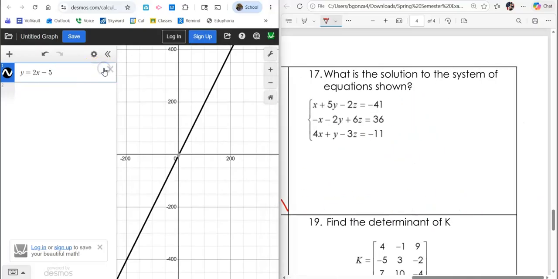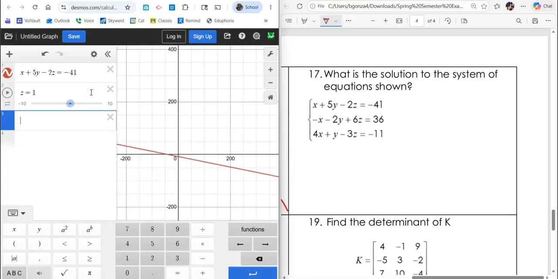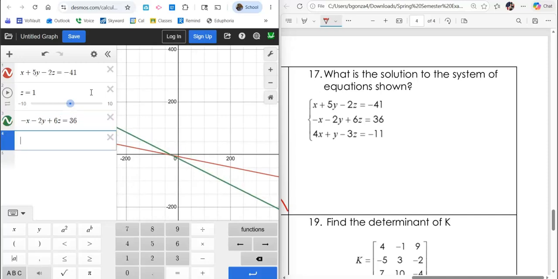Okay, what about these three? X plus 5y minus 2z equals -41. Negative x minus 2y plus 6z equals 36. 4x plus y minus 3z equals -11.